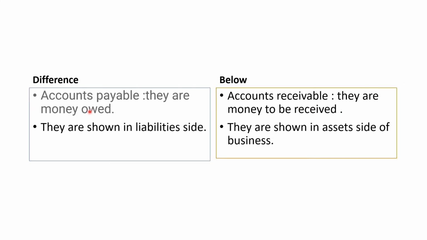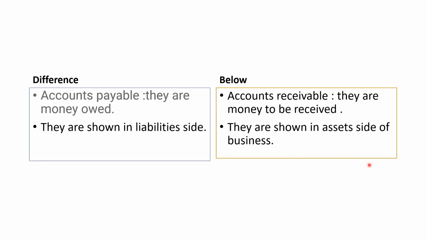Now let us understand the difference between accounts payable and accounts receivable. Accounts payable is the money owed, and accounts receivable is the money to be received. When I say money owed, obviously it is shown on the liability side of the balance sheet, because it is a liability of the company. That means they are liable to pay money to a third party. Accounts receivable is considered an asset of the business, because the amount will be received in the near future.